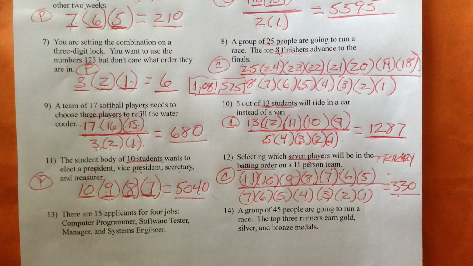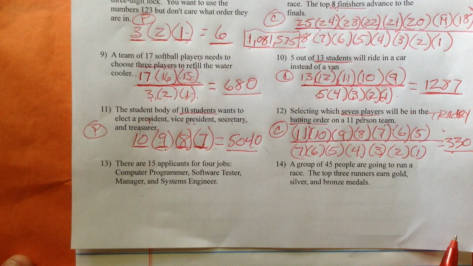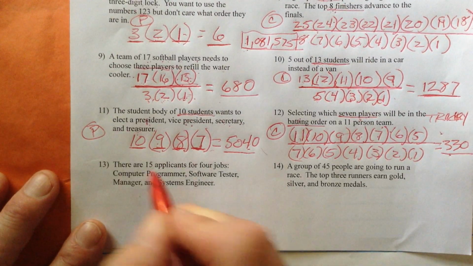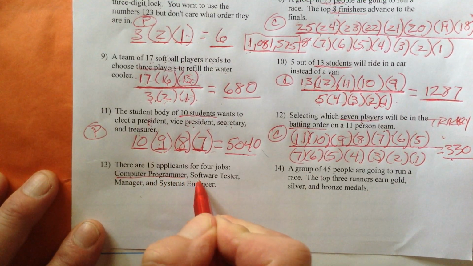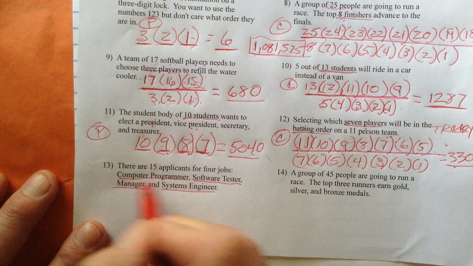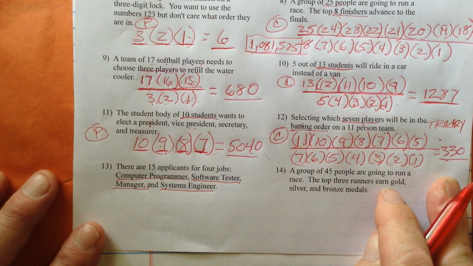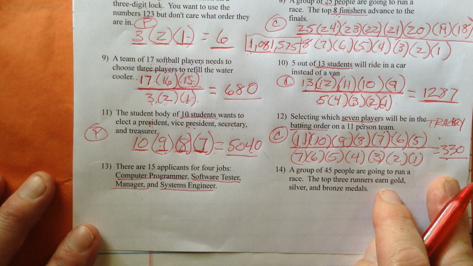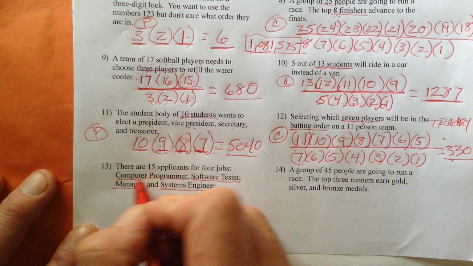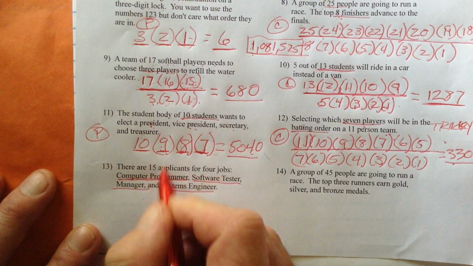Okay. And then the last two, let's see here. There are 15 applicants for 4 jobs: computer programmer, software tester, manager, and system engineer. So yeah, the order does matter. We got 4 different jobs here. Out of the 15 applicants, how many possible combinations can I get for this particular set of jobs? So here, this is a permutation, so it's pretty easy.